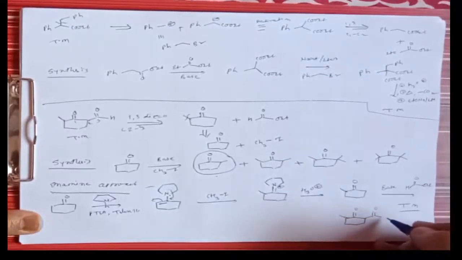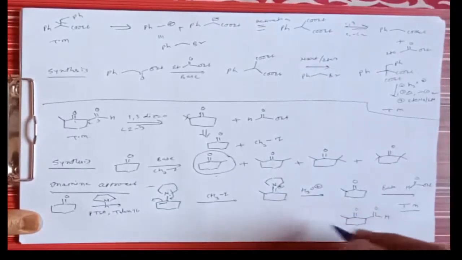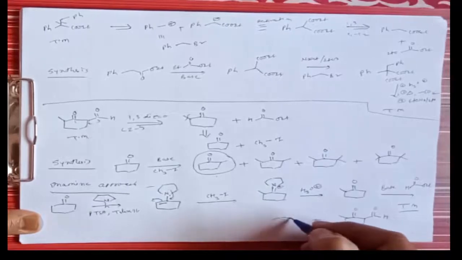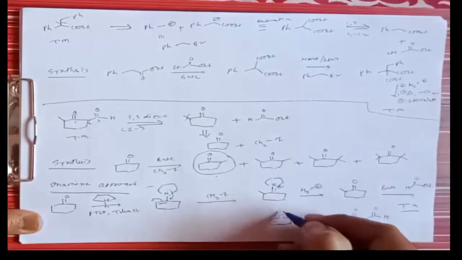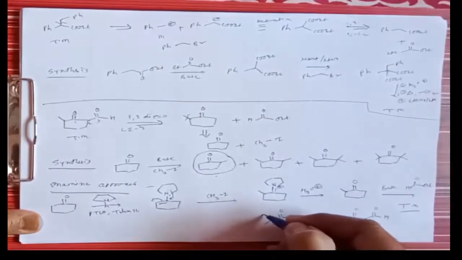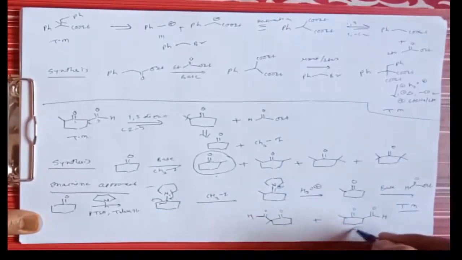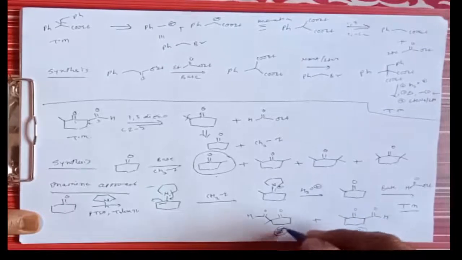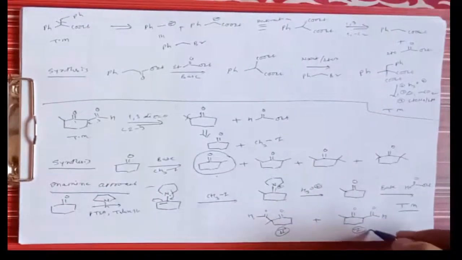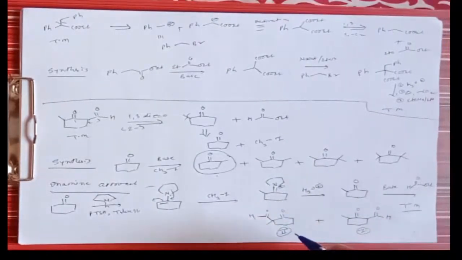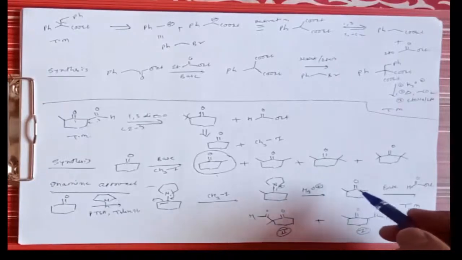It does not give a product like this, with carbonyl and here H, right? So this is the first product and this is the second product. That means the reaction only gives the first product, the second product is not formed, because in the last step the control is very important.